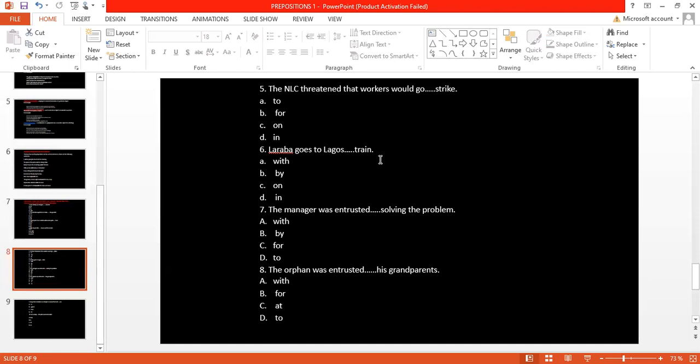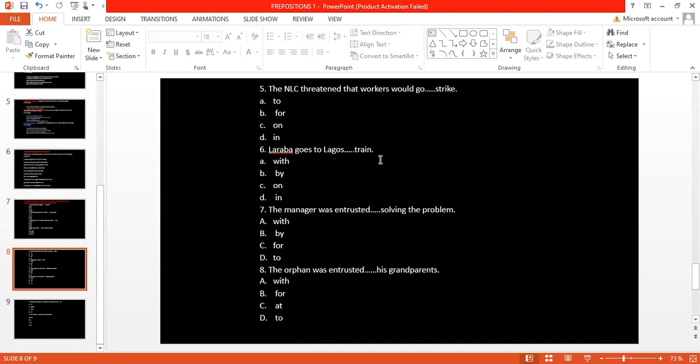It's not in motion. But when the movement is on, the right preposition to apply will be on. I'm on the train to Lagos is a correct English expression. I'm in the train to Lagos, meaning that the train has not moved.